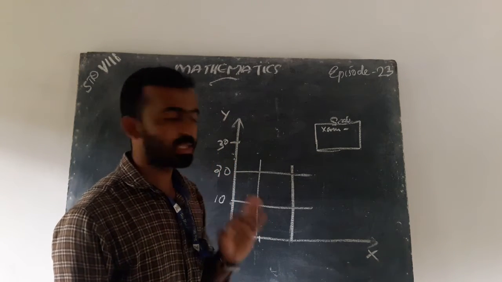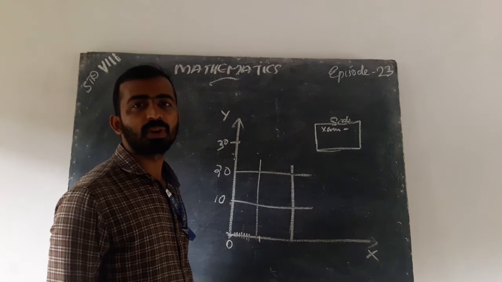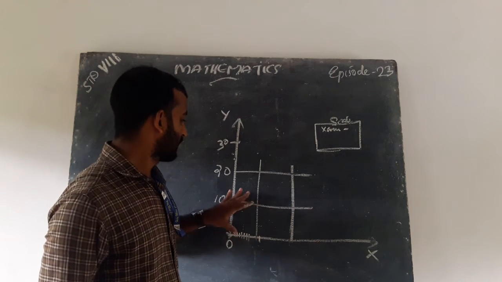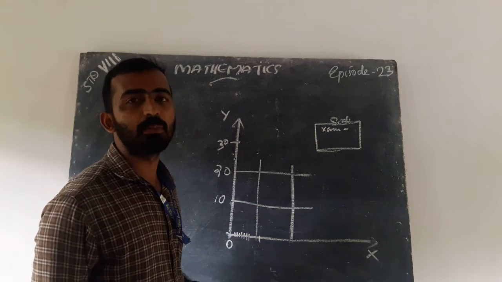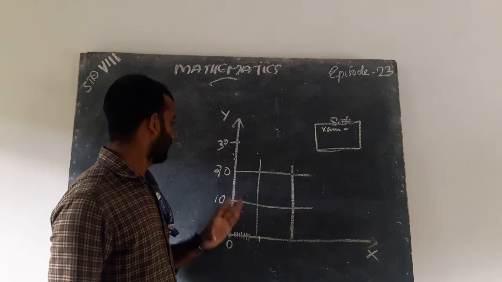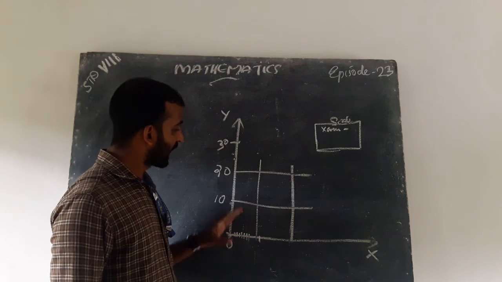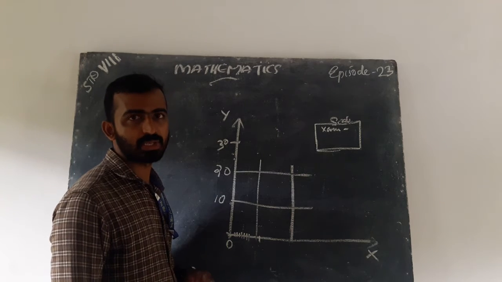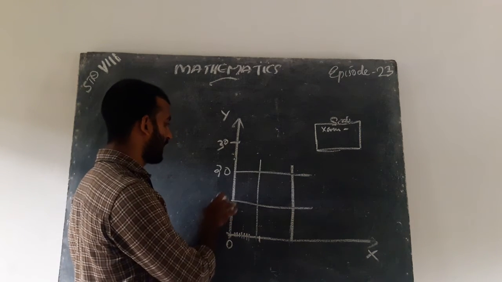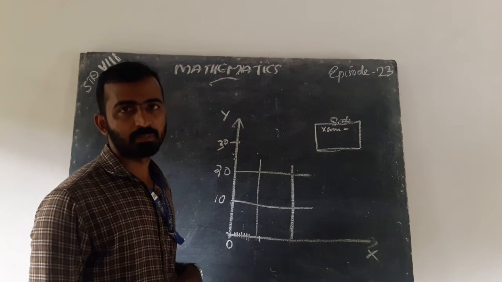If we take 1 unit length as 10 students, representing the y axis as number of students, then 10 line means 10 students, that is 0, 10, 20, 30, 40, that is the order.